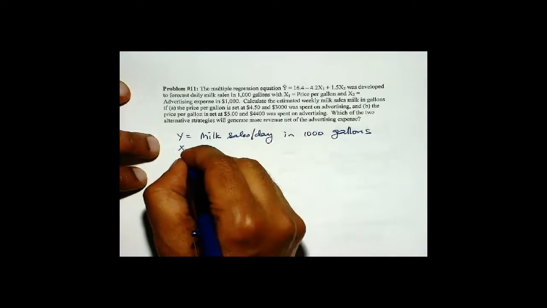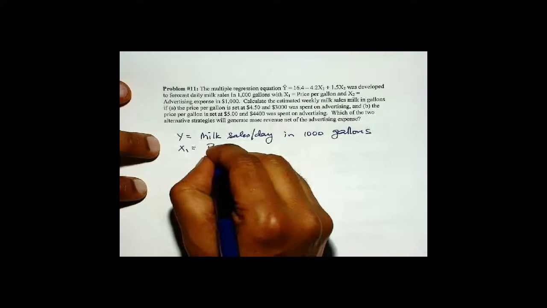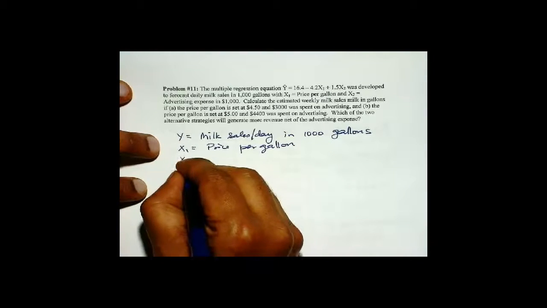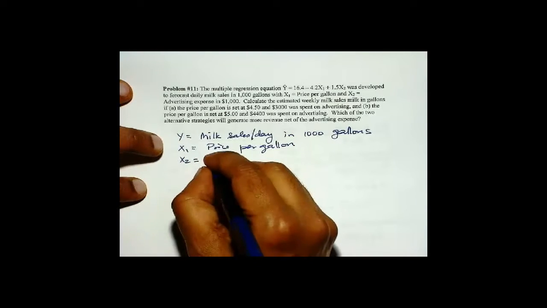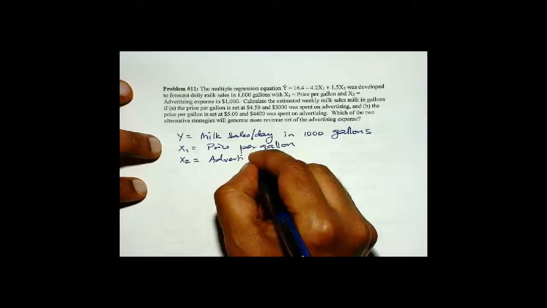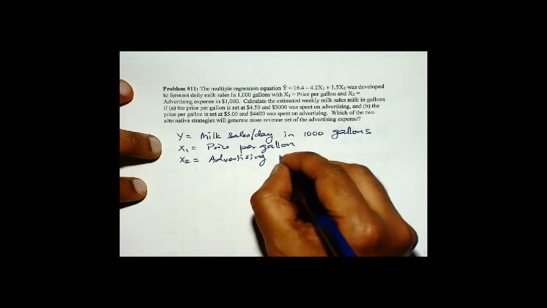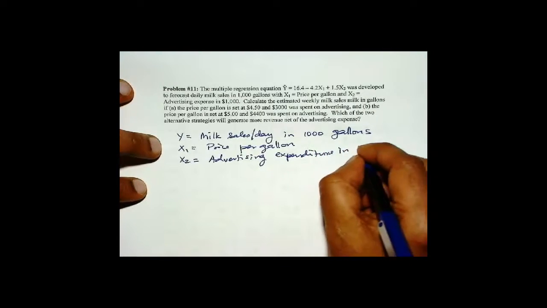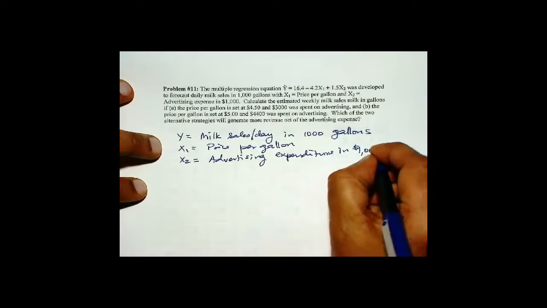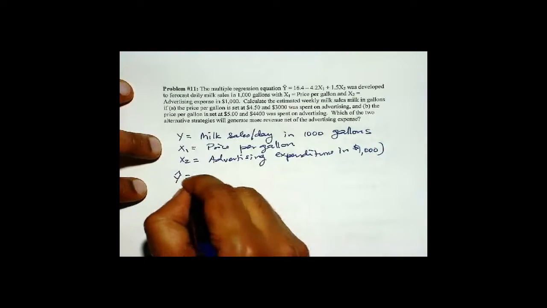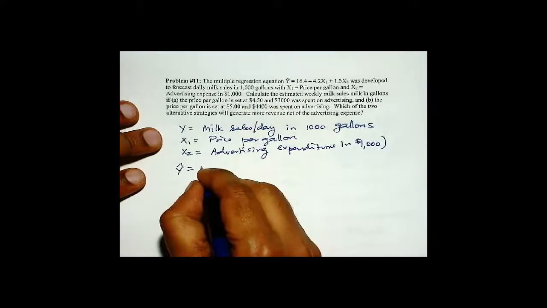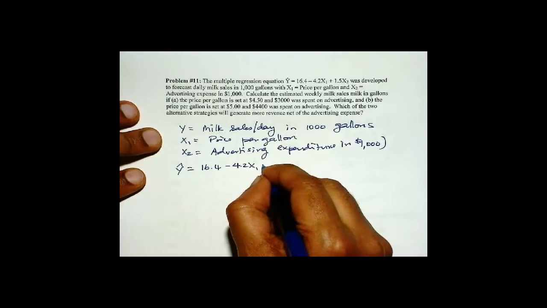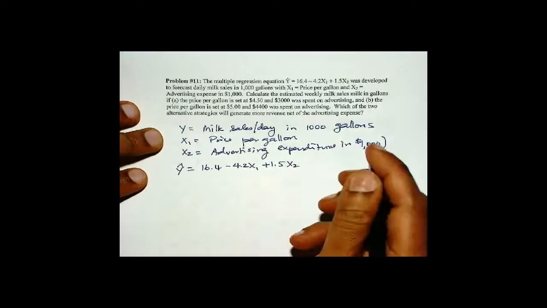X sub 1 is price per gallon, and X sub 2 is advertising expense or expenditure in $1,000, and y hat is given as 16.4 minus 4.2 x sub 1 plus 1.5 x sub 2.